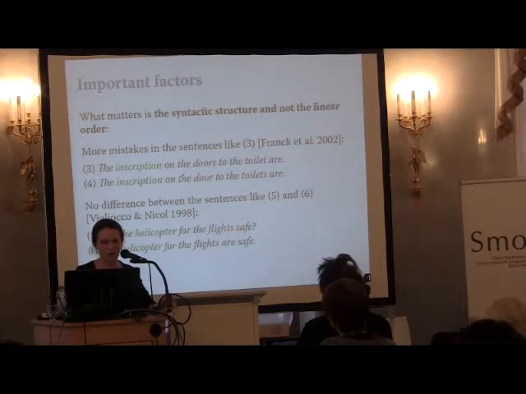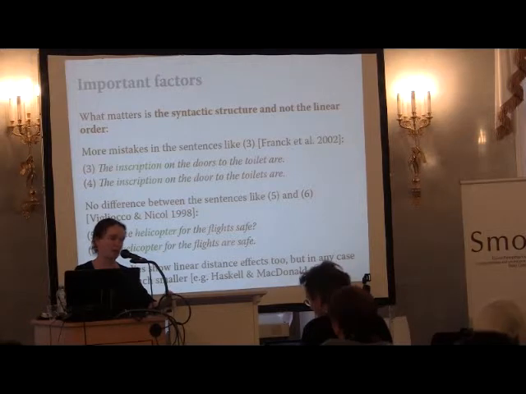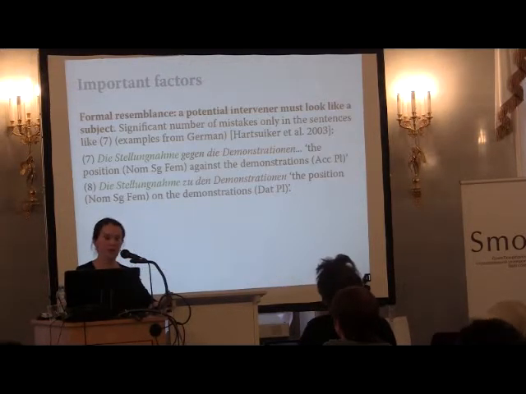And there were many other experiments also pointing in this direction. And some studies show that some linear distance effects are present too, but in any case they are much smaller than the structural effects.